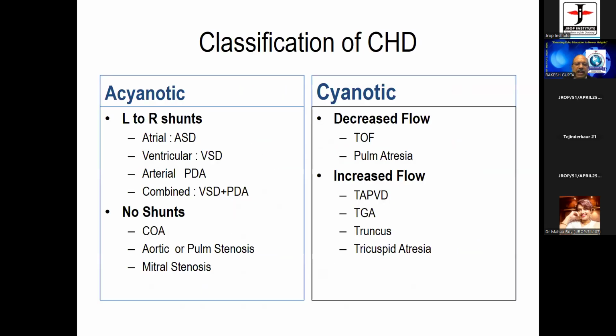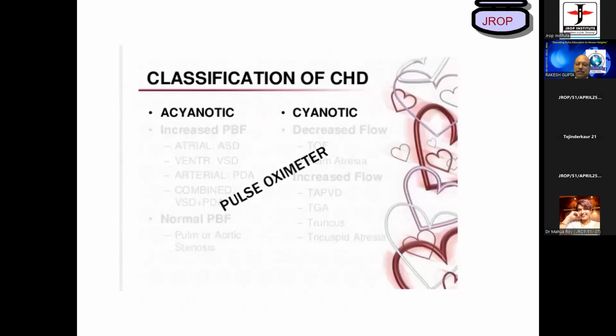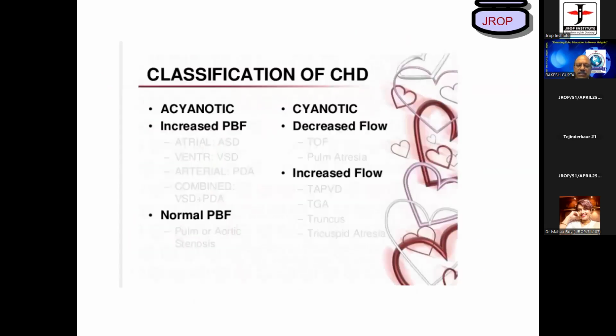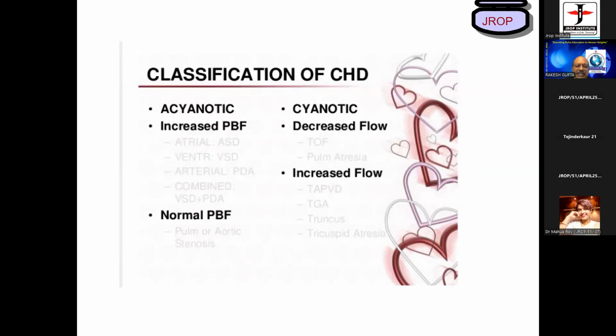That's what I wanted to say: we decide about cyanosis, and the most handy equipment for cyanosis is the pulse oximeter. Second, we want to see increased or decreased blood flow in the lungs.